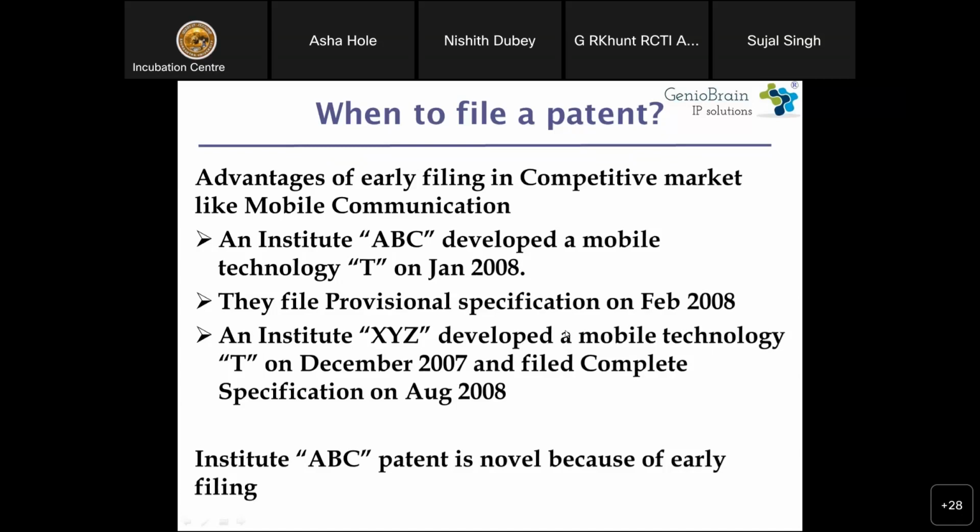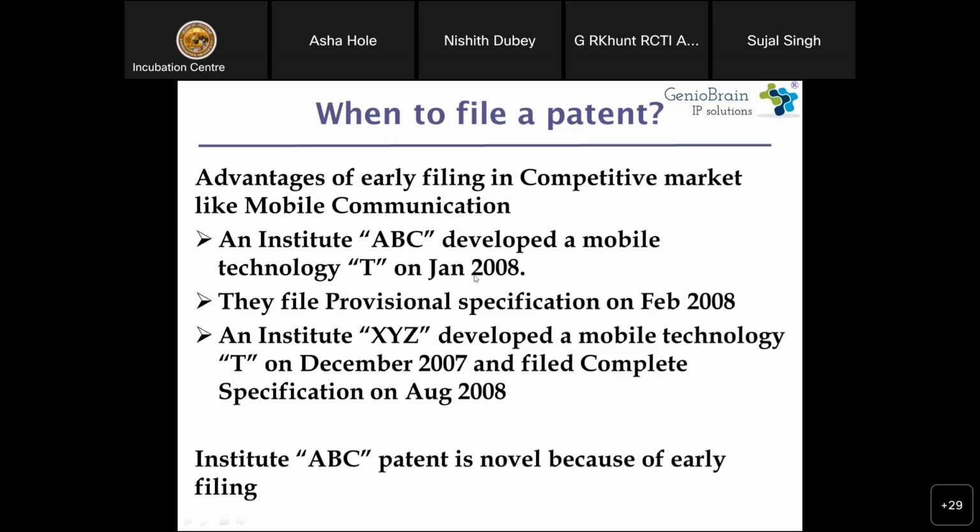Now the other institute, XYZ, developed the same technology T in December 2007, that is before ABC. But what XYZ did was work on their invention and then file a complete application in August 2008.